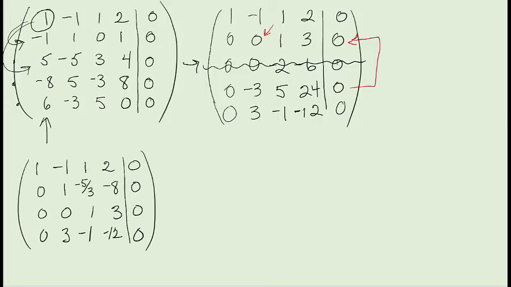Alright, so now I have a 1 in the position where I need it, right here, and I will add it to the top row, and that will give me 0 right there. I have a 0 in the third where I want it, and in the fourth row I need a 0 where the 3 is, so I'm going to multiply the second equation by minus 3 and add. And this one was just adding.